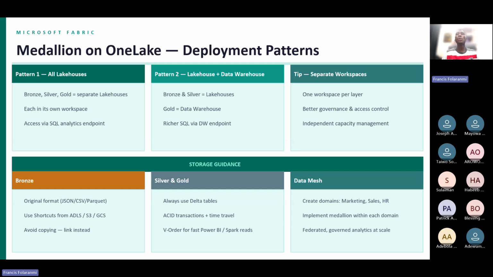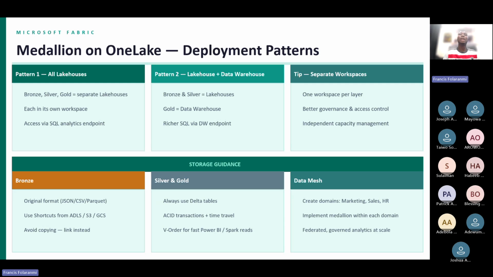So these are the major patterns that you have. And of course, these patterns can allow you end up having different domains of data meshes. So you can have a domain that has several meshes for different business units, either for your marketing, your sales, or your business development. So these are the various deployment patterns of Medallion architecture that we have in Lakehouse.